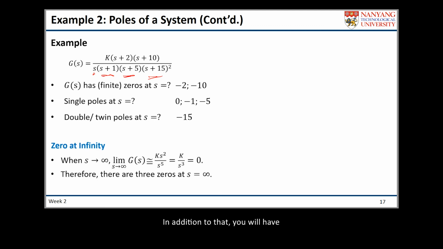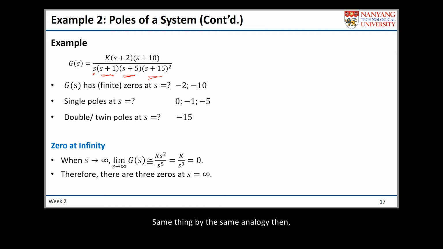Of course, in addition to that, you will have an infinite zero because the order of the denominator is higher than the order of the numerator. So again, to illustrate what an infinite zero means: by definition, zeros are the values of s that will cause your G(s) to equal 0.